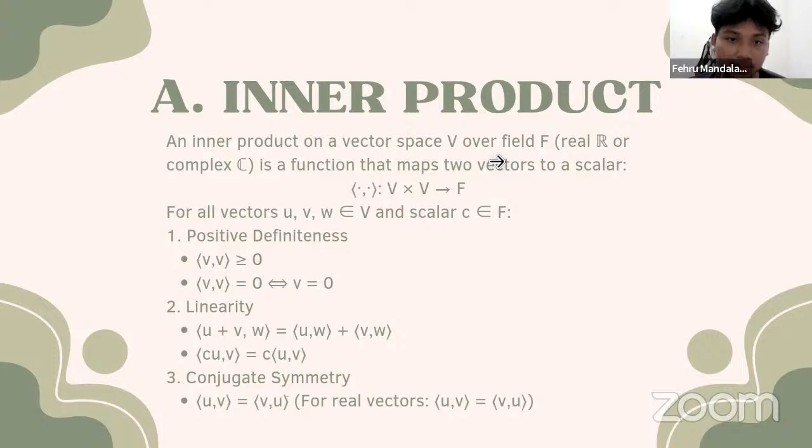The positive definiteness says that the inner product of v and v is greater than or equal to 0, and the inner product of v and v is equal to 0 if and only if v is equal to 0.